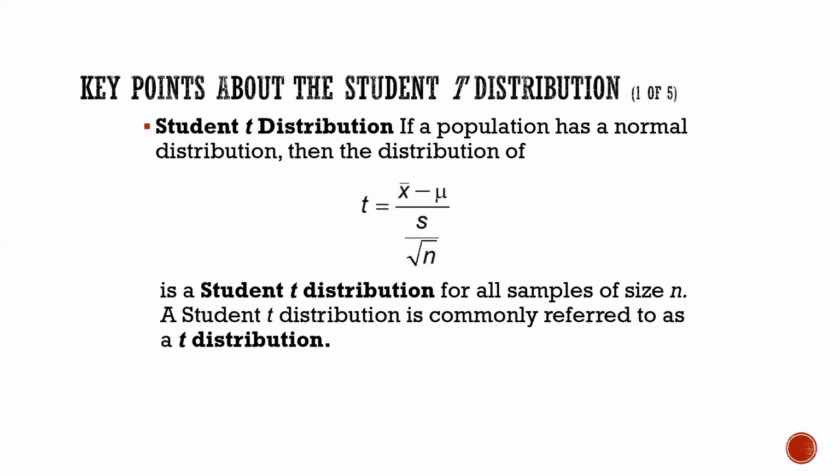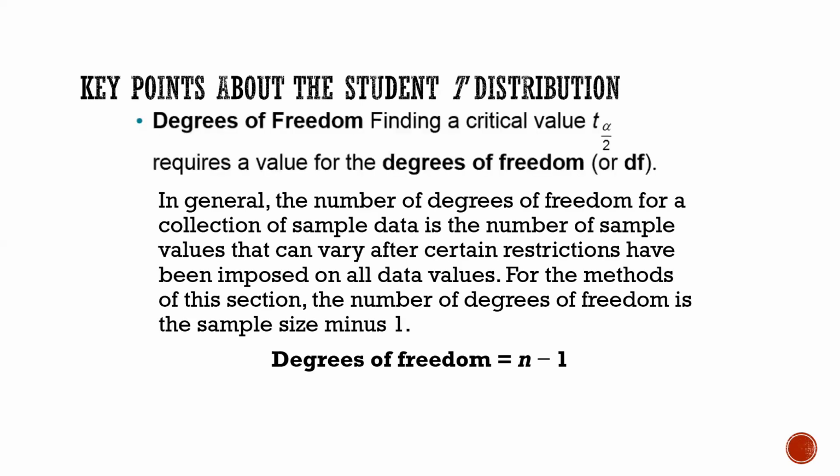It's kind of complicated, but if you have the mean and the standard deviation of data, and I have all but one of the pieces of data, the other one has to be a particular number because I know what the mean is and because I know the standard deviation. So for a t-distribution, the number of degrees of freedom is n minus 1.